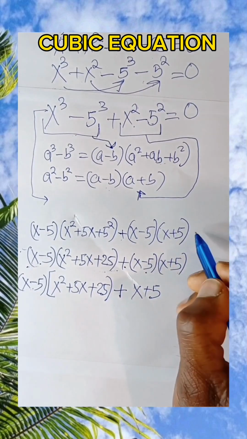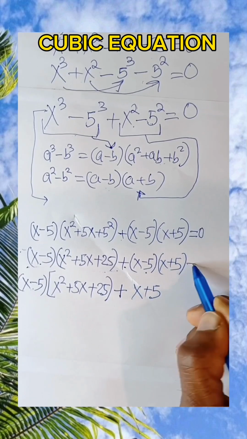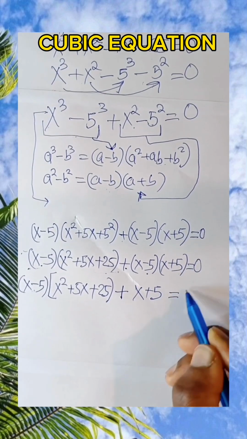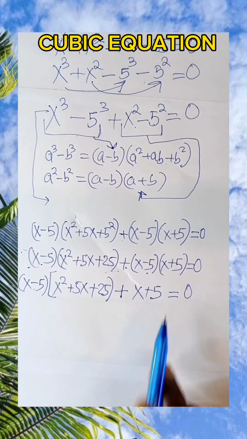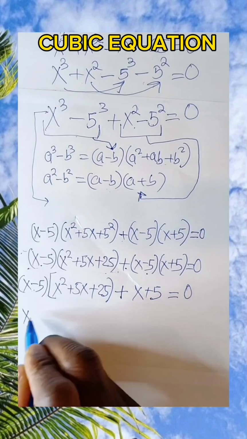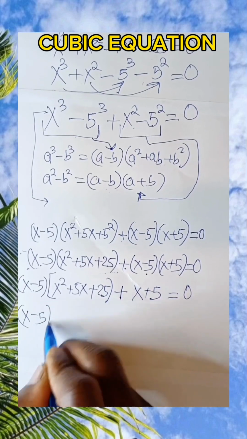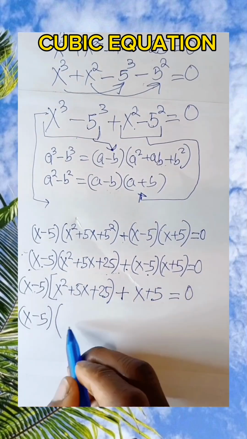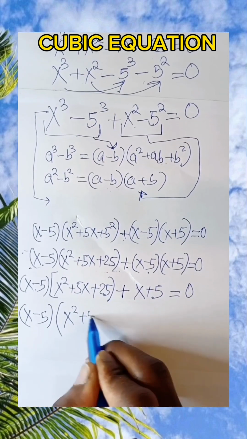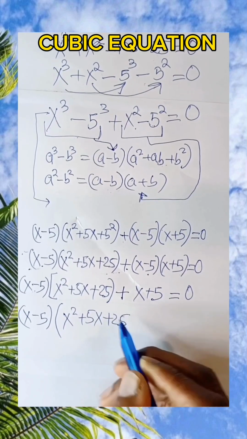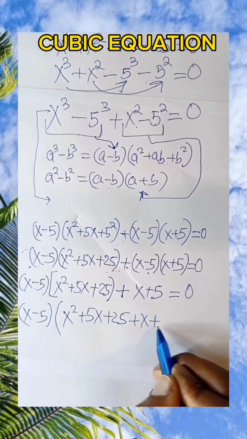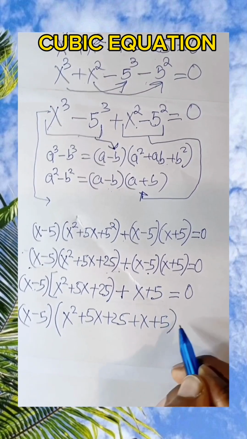Remember, we have to equate the expression to 0. All right? Okay. The next thing we're going to do is to simplify this expression. So we will have x minus 5 times x squared plus 5x plus 25 plus x plus 5 is equal to 0.